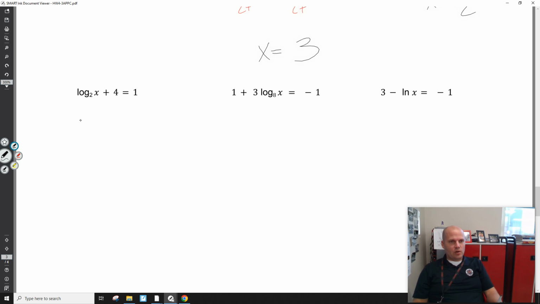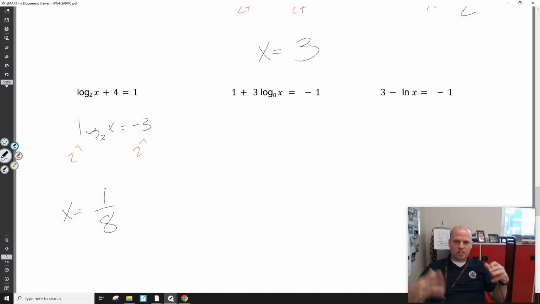Same here. It's okay. Logs can equal negatives, just like you can plug in negatives into exponents. I get log base 2 of x equals negative 3. 2 to the power gives me x equals 2 to the negative third, which is 1 over 2 cubed, which is 1/8. Typically, you plug in a fraction into a log, you'll get a negative number.